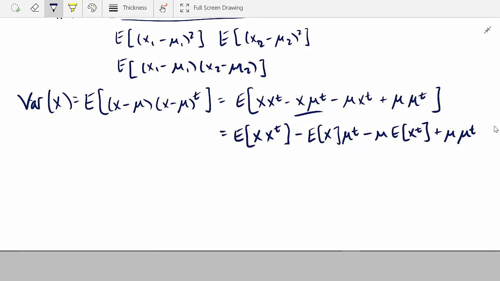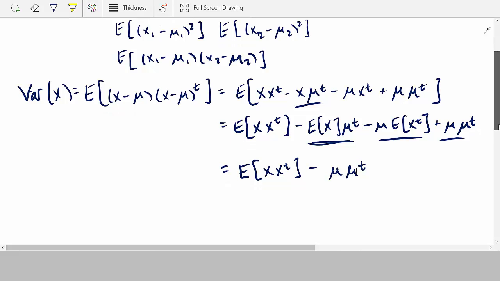But the expected value of x is just mu, because mu is defined as the expected value of x, so we get minus mu mu transpose minus mu mu transpose plus mu mu transpose. So the shortcut formula is the expected value of the outer product of the x's minus the outer product of the expected value of the x's. Okay, so that's a simple shortcut formula.